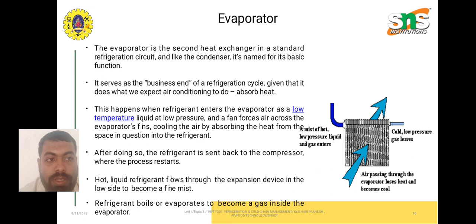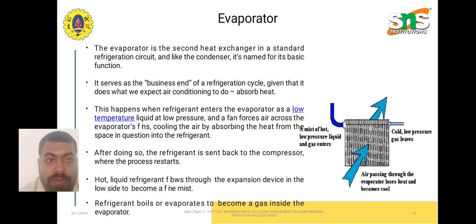Next, we are going to see the evaporator. The evaporator is the second heat exchanger in a standard refrigeration circuit like the condenser, and it is named for its function. It serves as the business end of a refrigeration cycle because it absorbs heat.